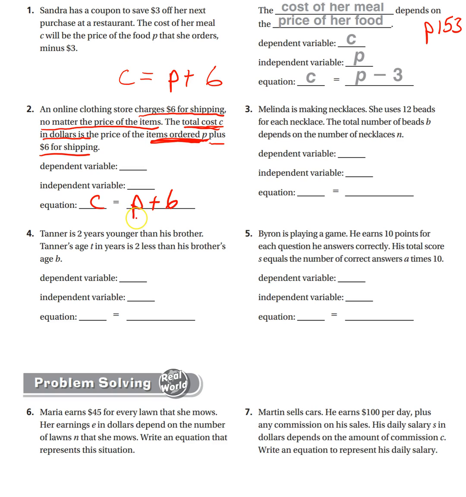If I order something that's $100, my cost is going to be $106 once I add the shipping. If I buy something that's $50, my cost is going to be $56 because it's $50 plus the $6 for shipping. So the cost is the dependent variable, it depends on the price of the item I buy. So the price of the item I buy is the independent variable.